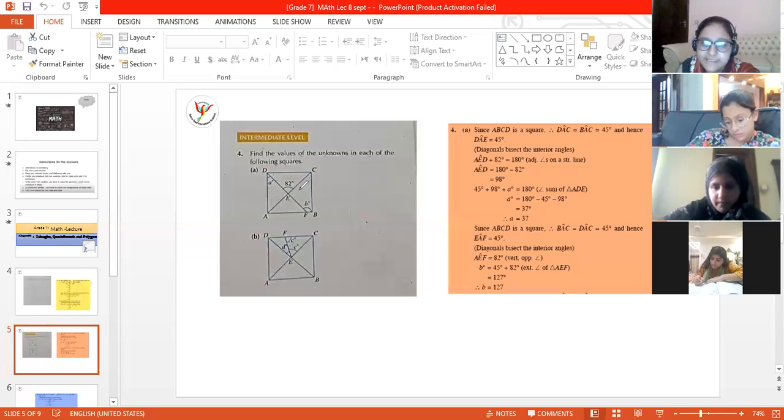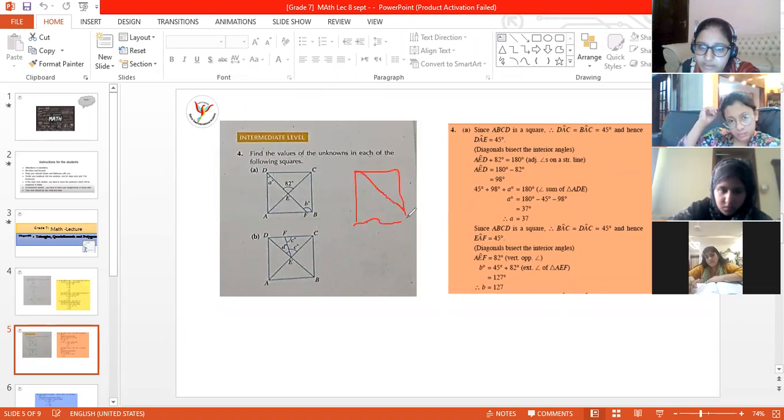Now, if you can see the figure properly, there is only one diagonal, A to C. Why is the other line DF not a diagonal? Because a diagonal is something which cuts the vertices. But this line is not cutting the vertex, it is before the vertex.